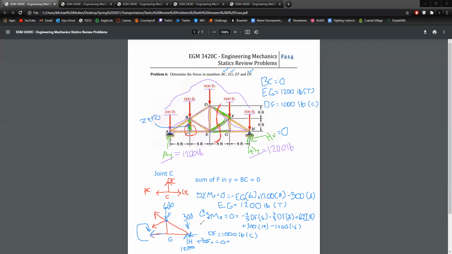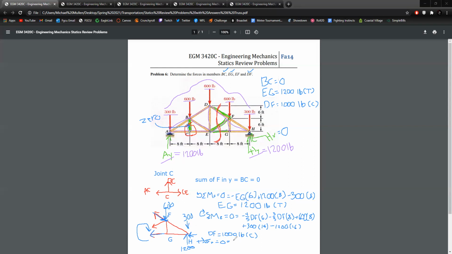And equal to, we have our X component of DF, which we know is minus 4/5. Well, we know now that DF is in compression, so it actually goes like this. If we're doing to the right as positive in the X direction, we know that DF is going to be to the right and down.